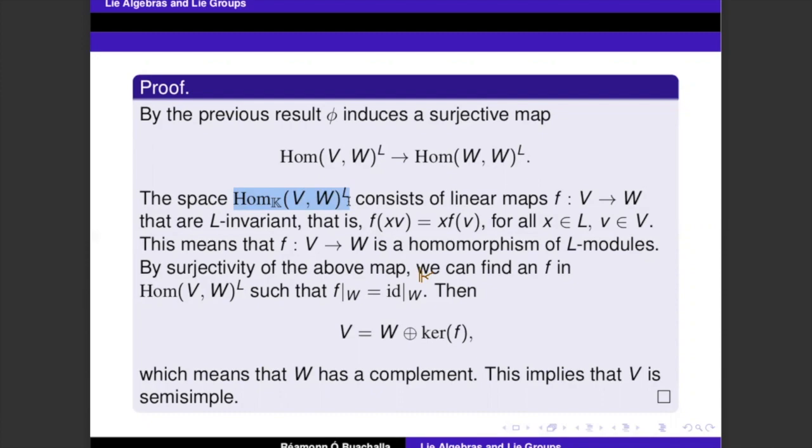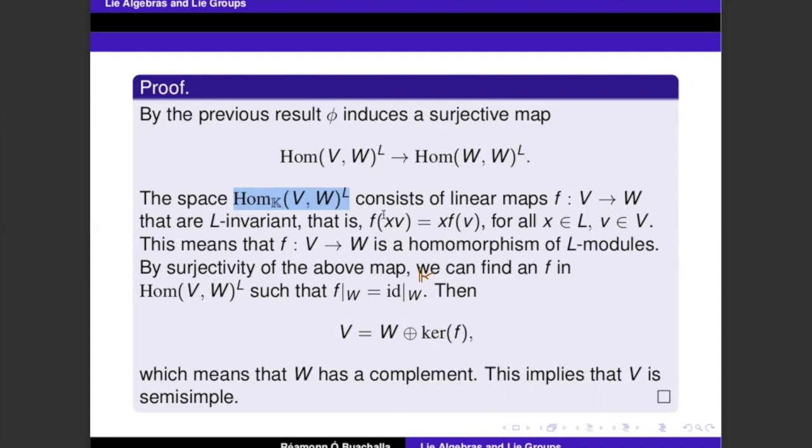Okay, that means that the F comes through. So you should also check this. That's another good exercise. But it is indeed true. That means that any such F, any element contained inside here, will actually be a homomorphism of L modules.